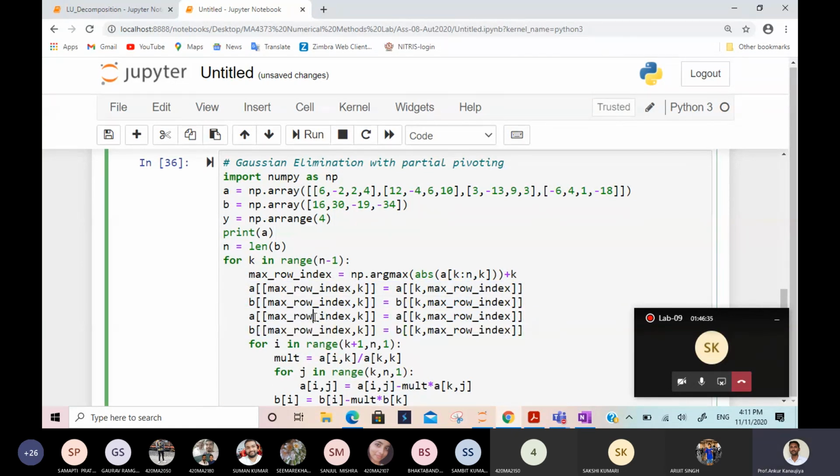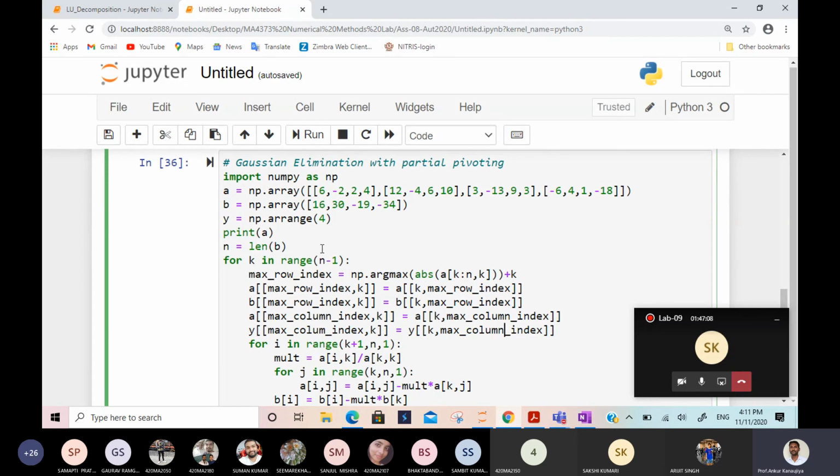So the maximum column index will change in the matrix A, and the same thing will change in the Y also. So in matrix A the row changed, in B also it is changed, in A the column changed, and in Y the column will change.